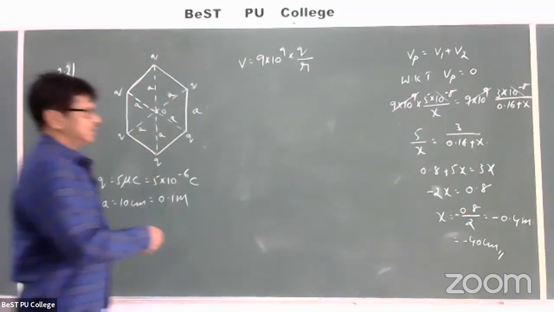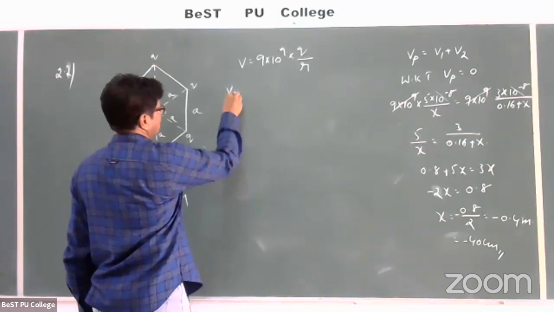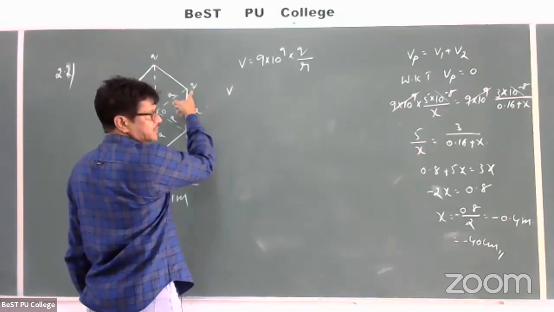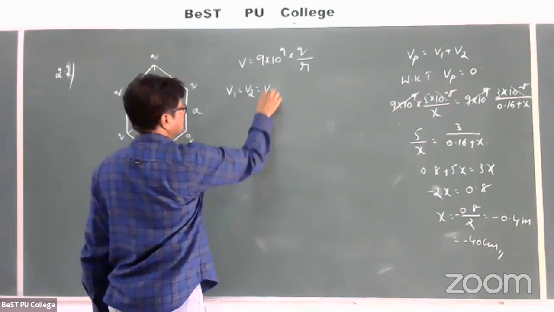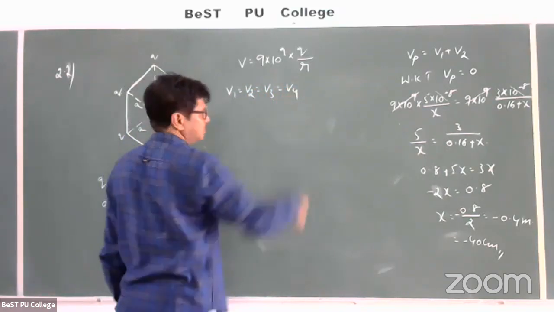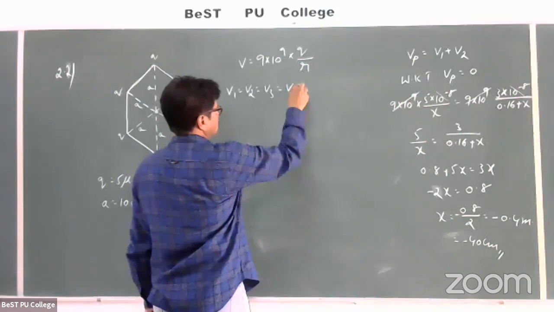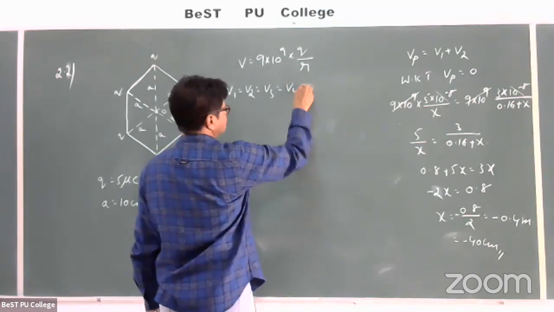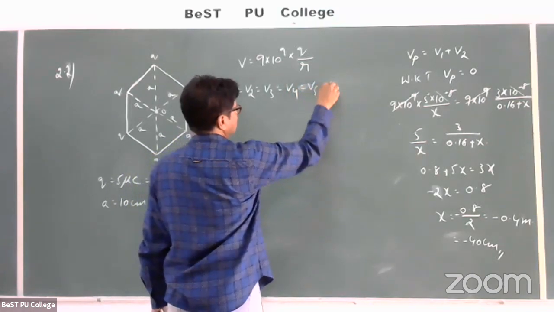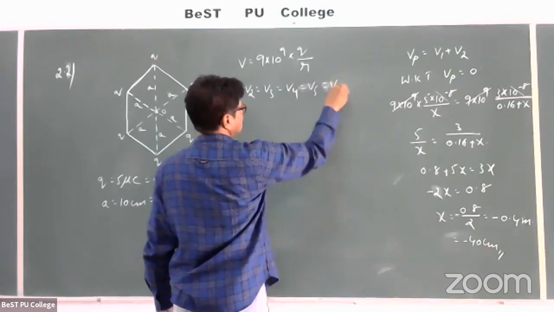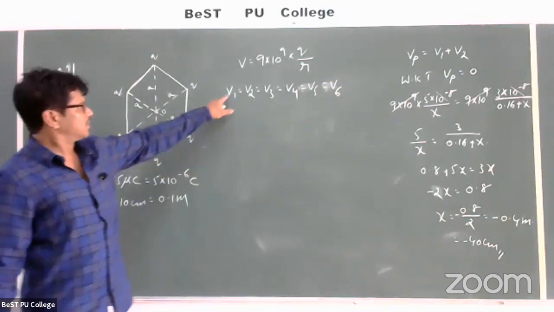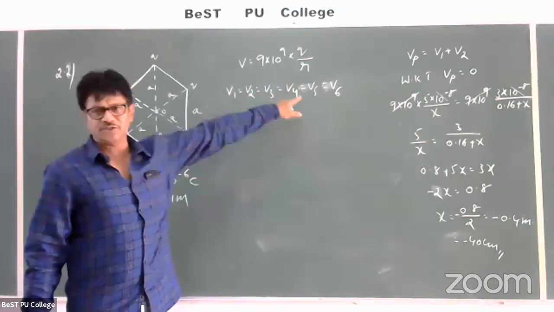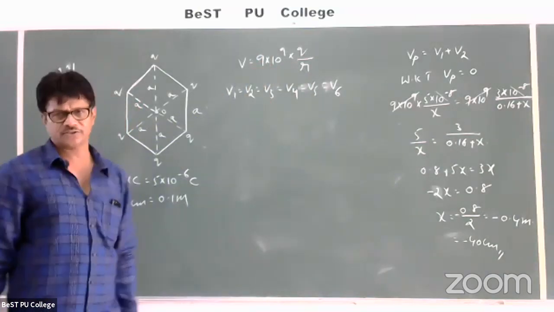So the total potential at O, because of this, V1 is equal to V2 is equal to V3 is equal to V4 is equal to V5 is equal to V6.